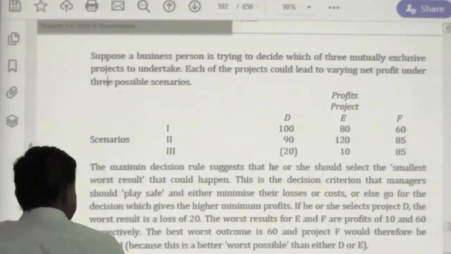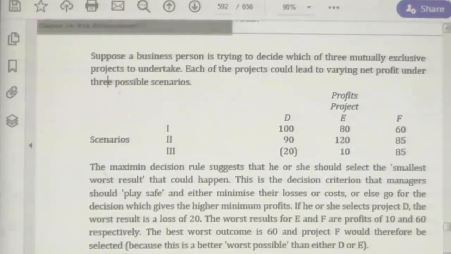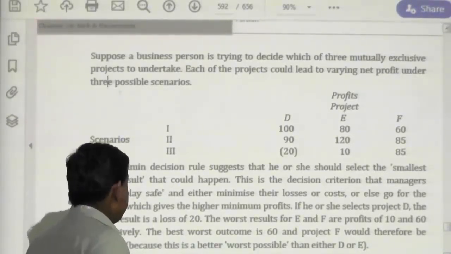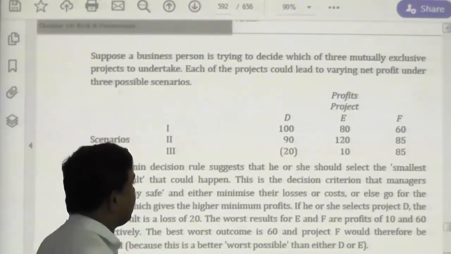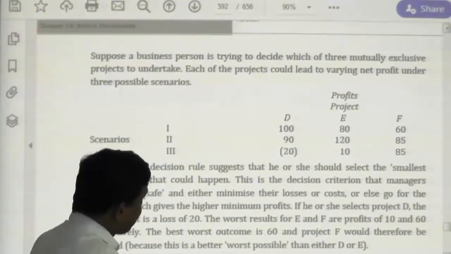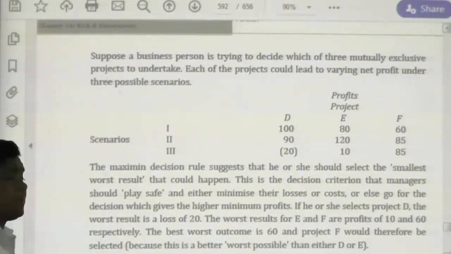If you select project D, in the best economic scenario you can earn 100, in the average scenario 90, and in the worst scenario you will have a loss of 20. If you select project E, economic scenario 1, which is the best, gives you 80 profit, scenario 2 gives 120, and scenario 3 gives 10. Likewise, F also has 3 different profits under the 3 economic scenarios.